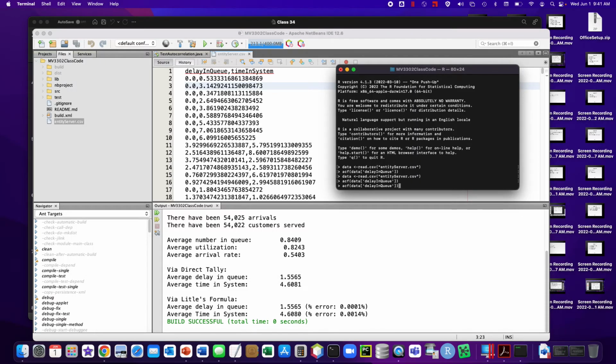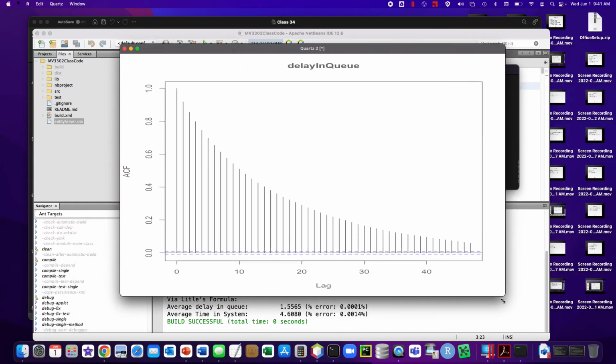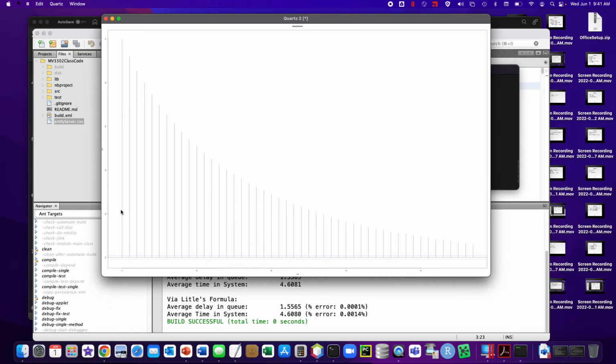Okay, so what this is a graph of is the autocorrelation of the data that I just generated.